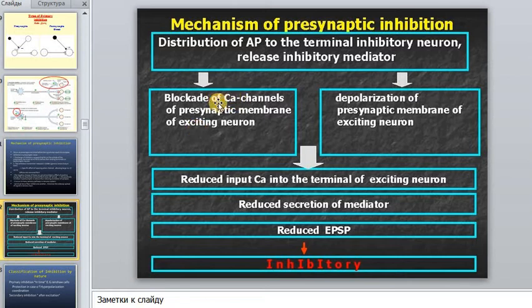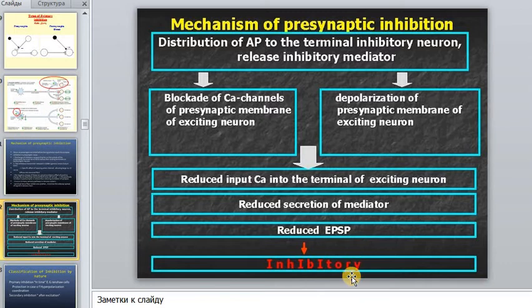And we know that calcium ions are very important for moving vesicles in a synapse. For every synapse it's very important. And depolarization of the presynaptic membrane of the exciting neuron reduces calcium input into the terminal, reducing secretion of mediator and action potential.